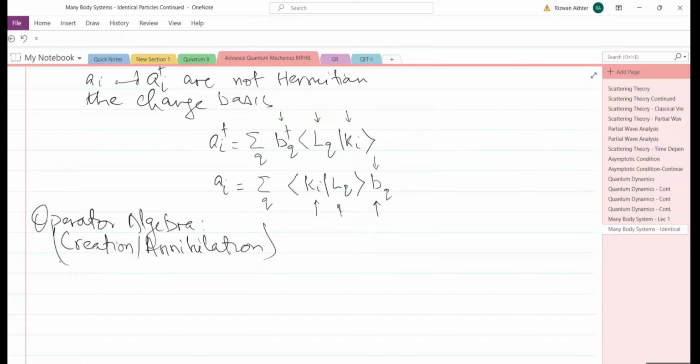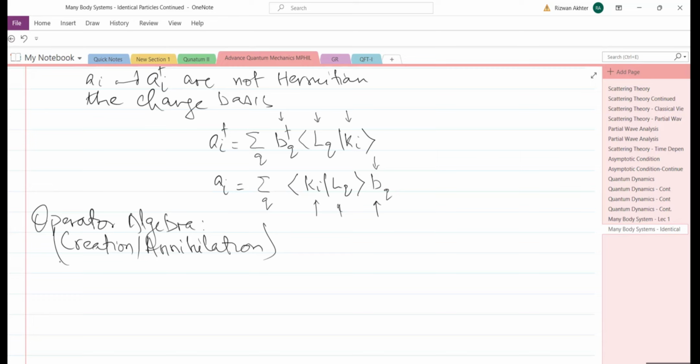If you create one ith particle first and then one jth particle second, and if you change the sequence, creating one jth particle first and then one ith particle, then the only difference between these two creations would be some sort of phase factor, which we can denote by some symbol, let's say lambda.